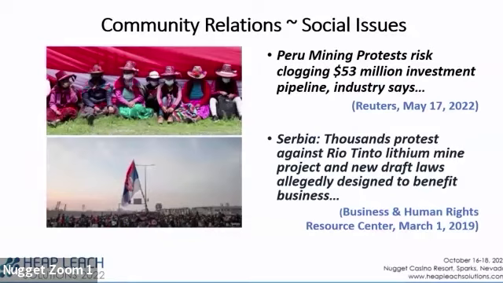So the opposition to mining is not limited to environmental issues, nor is it limited to the United States. In Peru, indigenous communities are protesting mining operations in large part because they are concerned that they are not seeing adequate financial benefit from these projects, although their communities bear the burden.